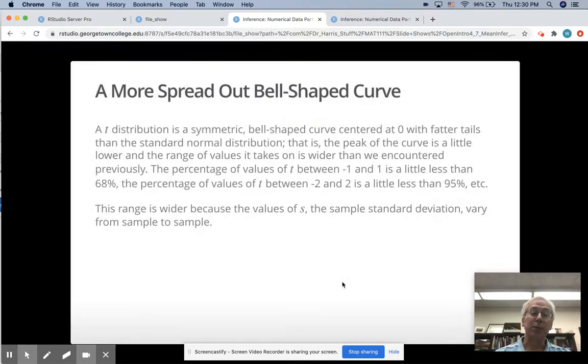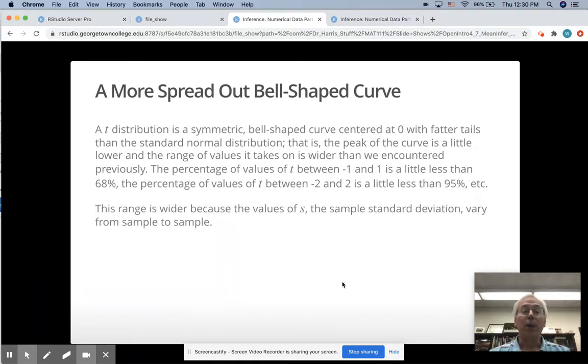And T distributions are, as I mentioned, bell-shaped, but they're more spread out. They have a not quite as high peak as normal distributions do, and they also have what we might call fatter tails. They're thicker on the ends. They're just more spread out.